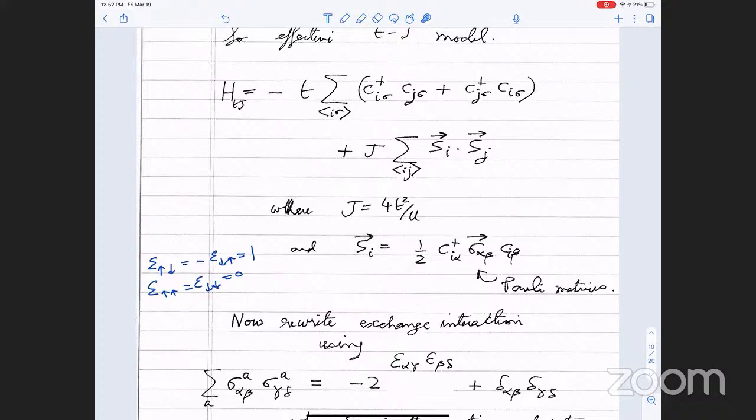And I don't understand why one of the models would apply to one material. Could you explain why, in these high TC materials, this tJ model applies, and in niobium or something, the BCS model applies?